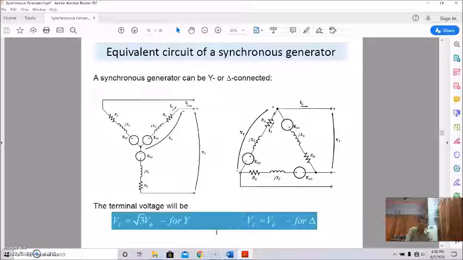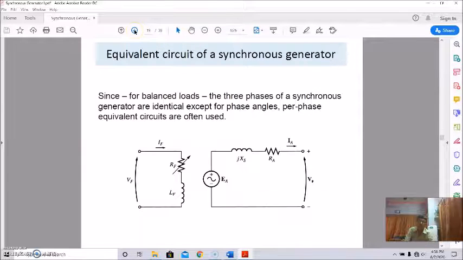One more thing you have to know to get the equivalent circuit. For balanced loads, the three phases of a synchronous generator are identical except for phase angles. So the per-phase equivalent circuit will be like this. This is the rotor or field circuit, and this is the stator or armature circuit.